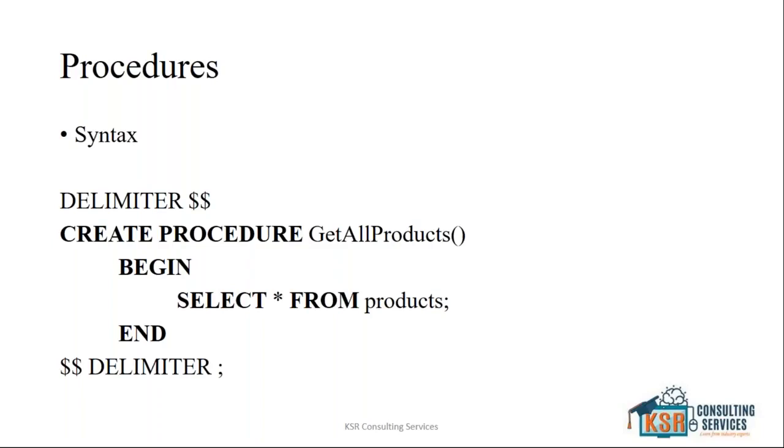The concept of procedure is the same. If you want to write a PL/SQL code, the block is code. But in MySQL I am giving a delimiter. In case of Oracle, it is not required. In case of Sybase, there will be a different type of delimiter. The concept is the same, but since we are learning MySQL, I'm giving a delimiter.